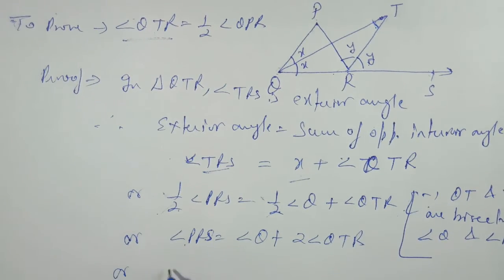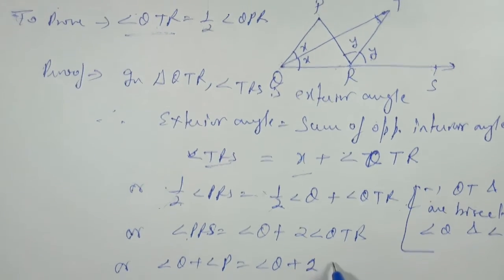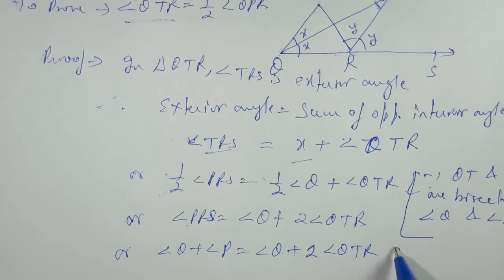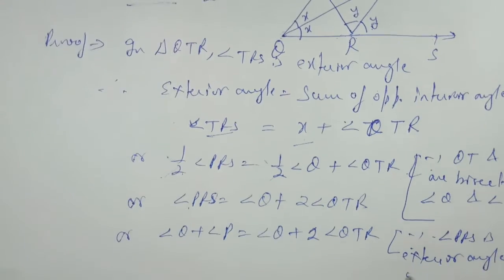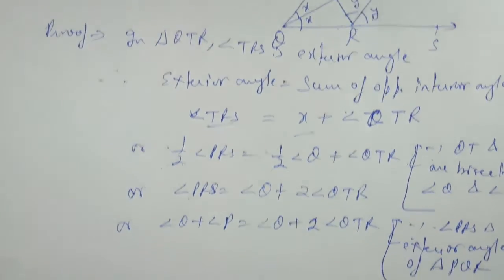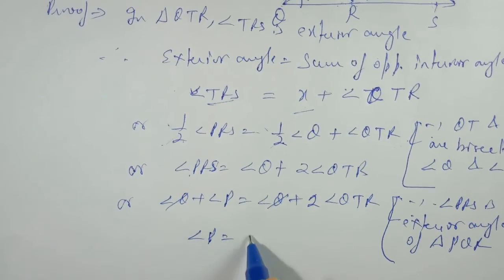So in place of PRS we are going to write angle Q plus angle P, then angle Q plus twice of angle QTR. Why are we writing this? Since angle PRS is the exterior angle of triangle PQR. That's why we are using the exterior angle property. Now Q and Q will be cancelled. What is left? Angle P equal to twice of angle QTR.